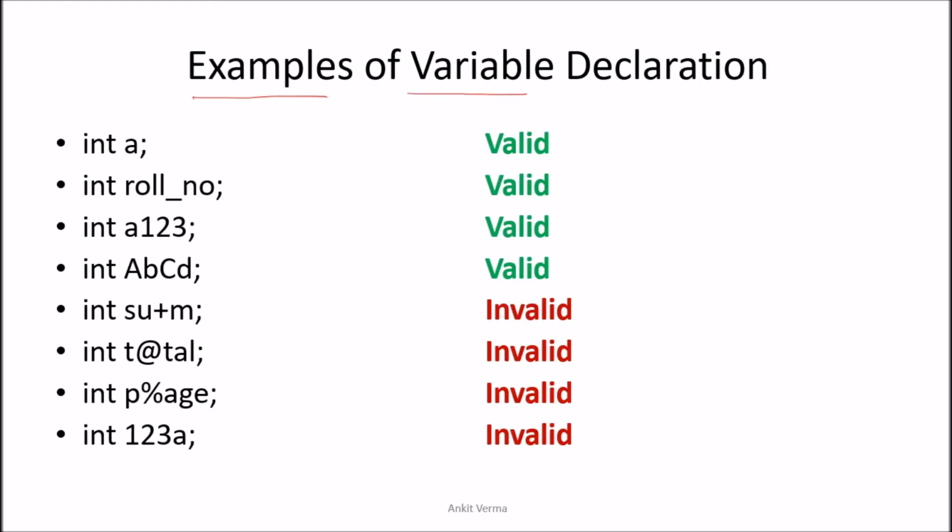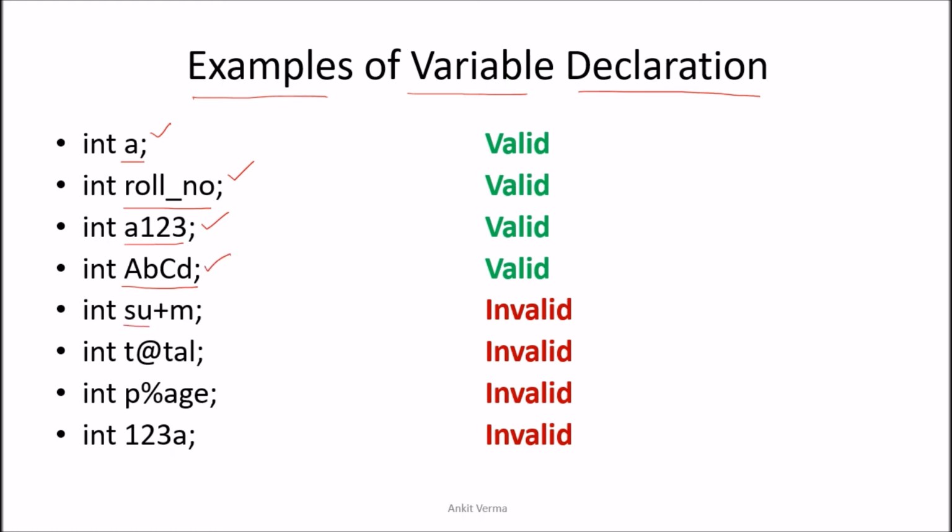We are taking a few examples of variable declarations which are valid and invalid. Let us suppose we are saying int a, totally valid. Then roll_number, underscore is allowed, characters are allowed, valid. A123, digits are allowed with letters, valid. Capital A, small b, capital C, D, the combination of small and capital is valid.